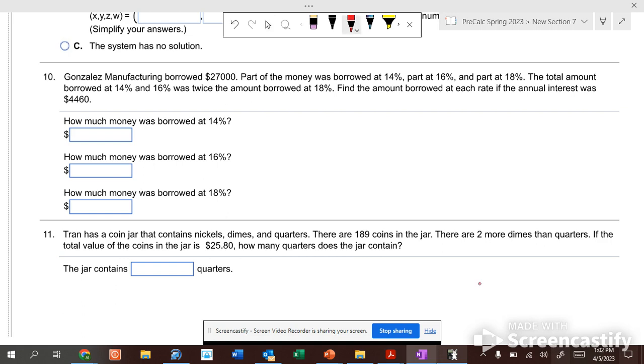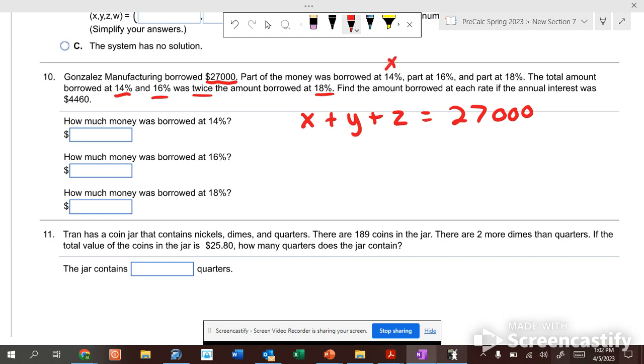Okay. So if the total money borrowed was $27,000, x plus y plus z equals $27,000. Okay? The total amount borrowed at 14 and 16 was twice the amount borrowed at 18. How do we write that down?